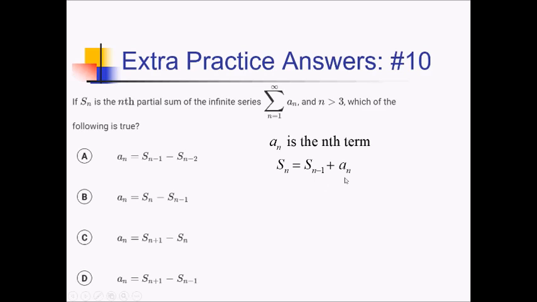Rearranging this, we can write a sub n is just going to be S sub n minus S sub n minus 1. Or to put it another way, the nth term is just the sum of all the items minus the sum of everything except that nth term. So that ends up being answer choice B.